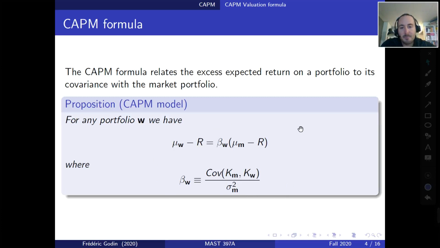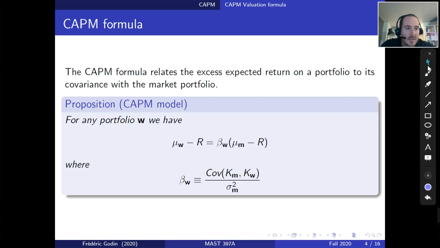It relates the excess return of a portfolio to both the excess return on the market portfolio and the relationship, or covariance, between the portfolio W and the market portfolio. So let's prove this result now.